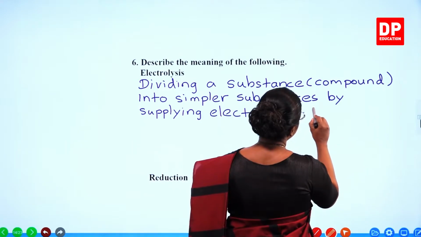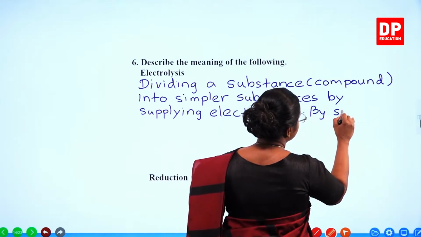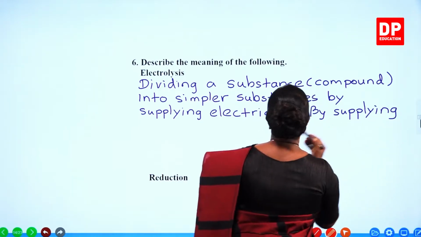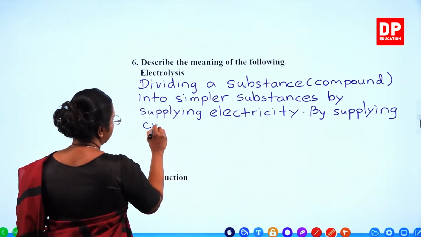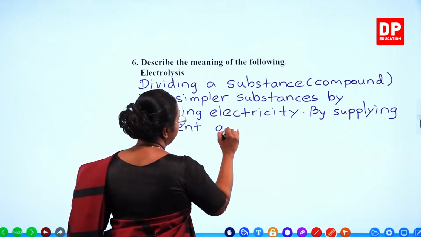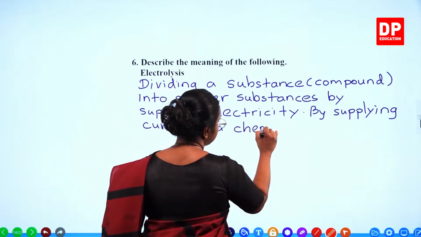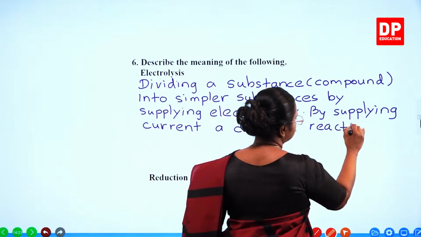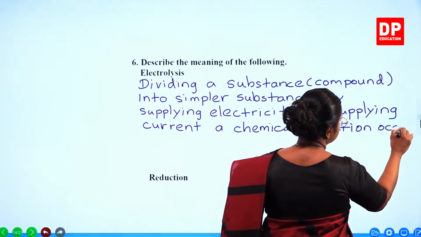So we can say by supplying current, a chemical reaction occurs.